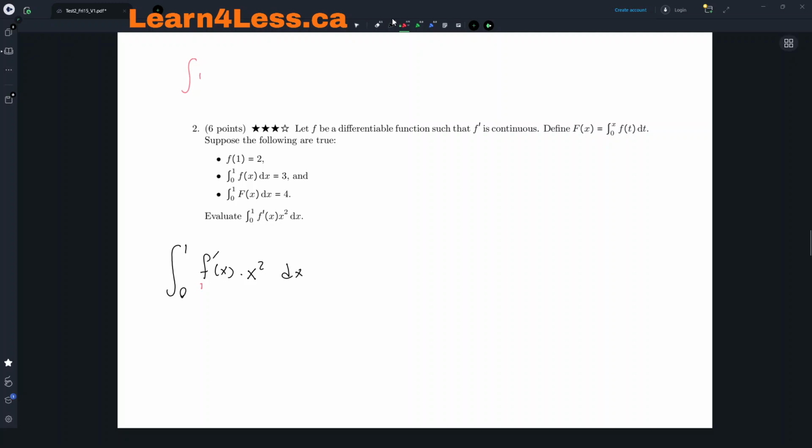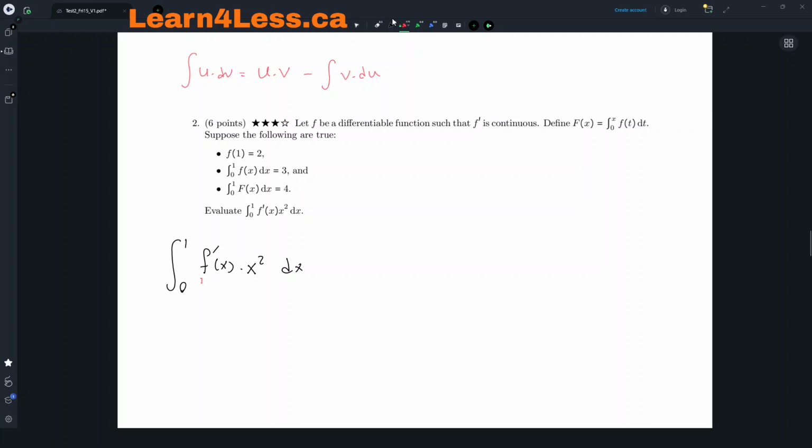So we have the integral of u times dv is equal to u times v minus the integral of v times du. So here we need to have a u and dv. I can say this is my u, and the rest is my dv.